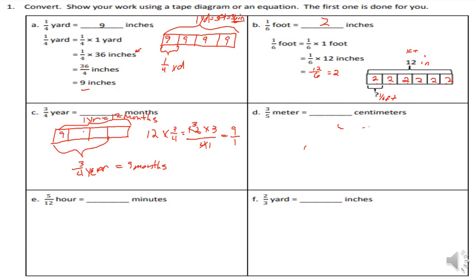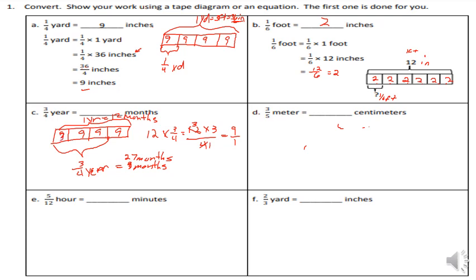So we know this equals 9 months. So let's go ahead and put 9 in each one of them. Oh, excuse me, that doesn't work. 3/4 of a year is 9 months.